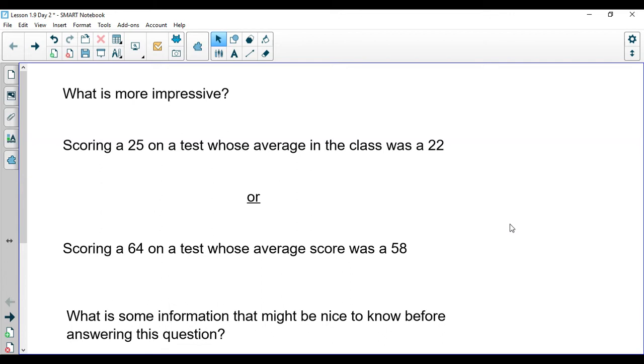Versus if the second test were out of 64, then you'd feel pretty good about that one. Statistically, we want a way that we can actually make that decision.